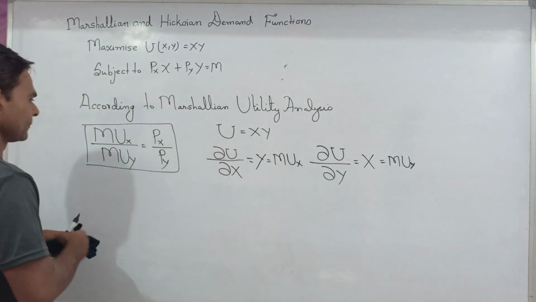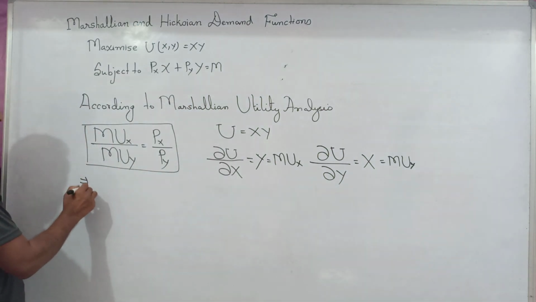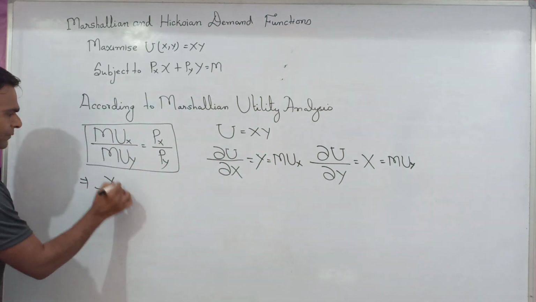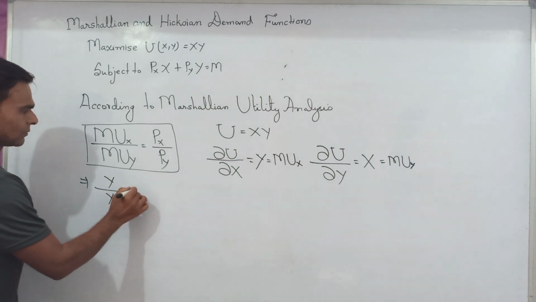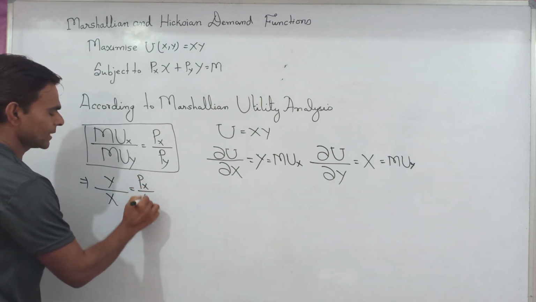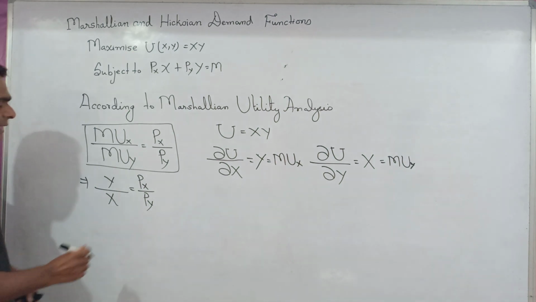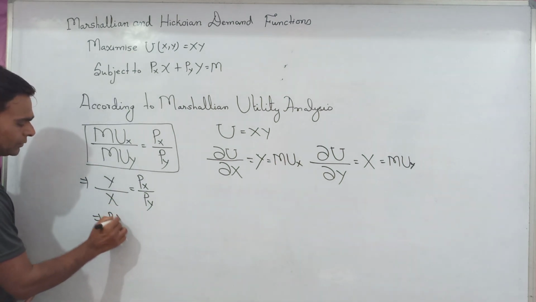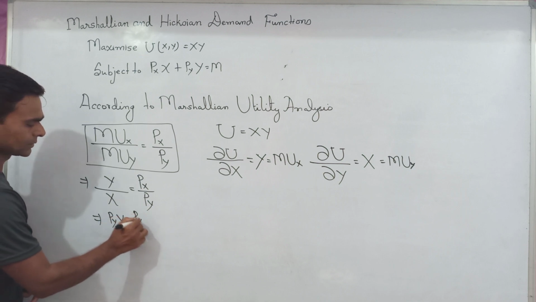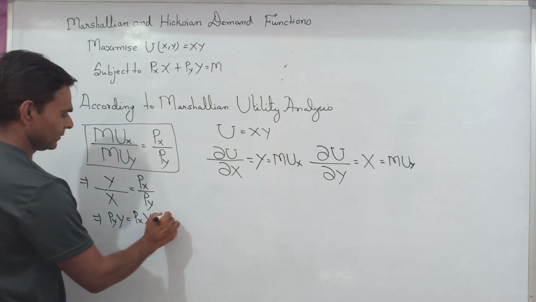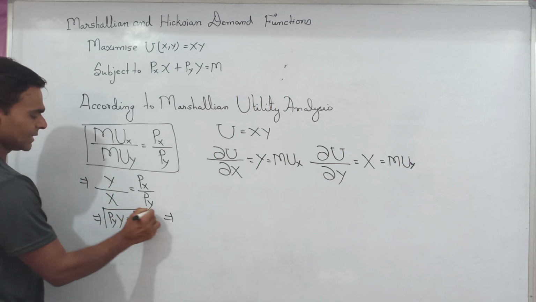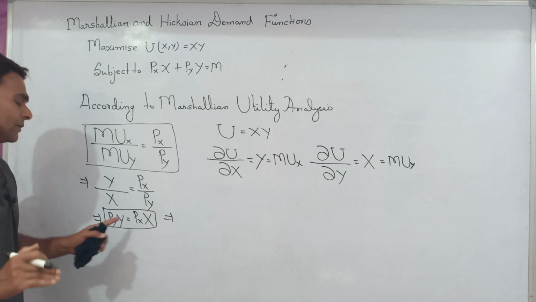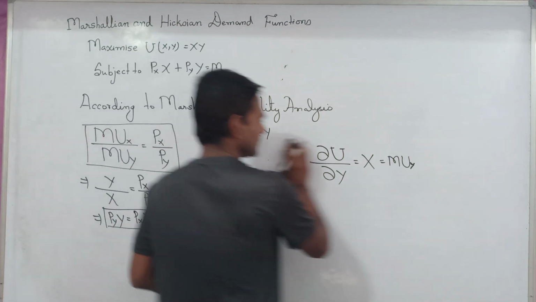Here MUx equal to y, MUy equal to x, equal to price of x by price of y. By cross multiplication, we get price of y into y equal to price of x into x. Very simple. With this relation, we are in a position to get the values of x and y respectively.